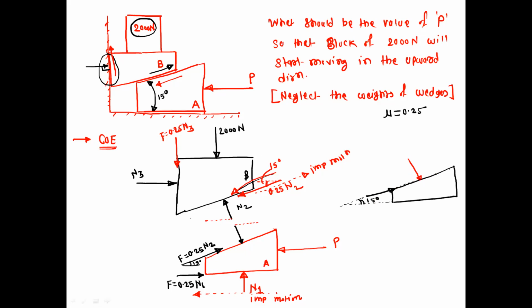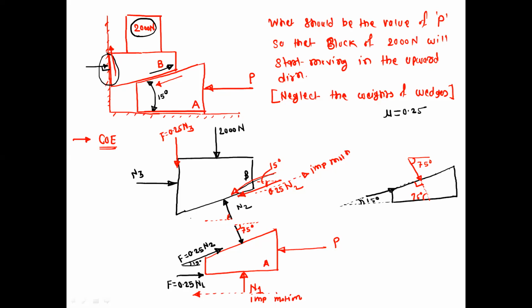If you extend this line, you will get this 15 degrees. This is 90 degrees, so this angle will be 90 minus 15, which is 75 degrees. The 75 degrees is the angle of reaction N2 with respect to the x-axis. So this is 75 degrees, alternate angles.